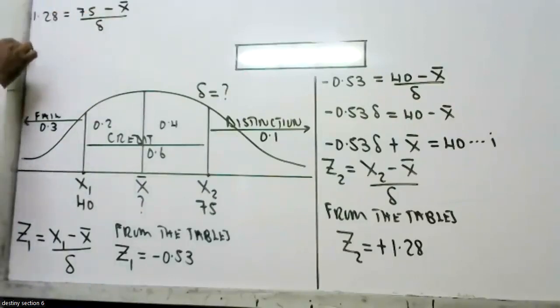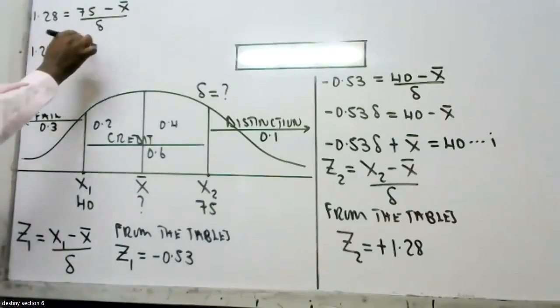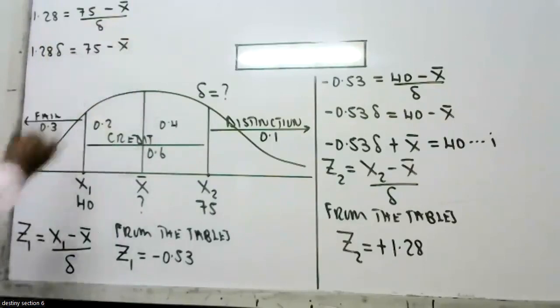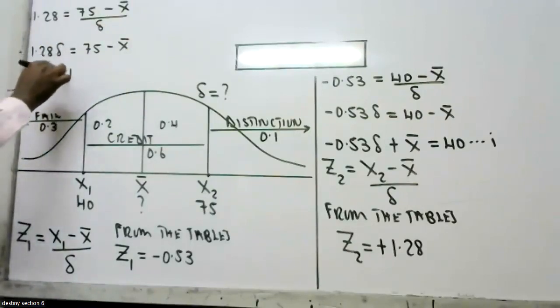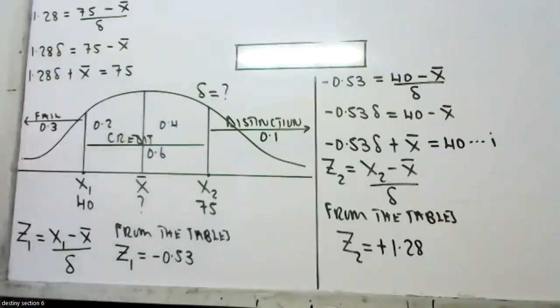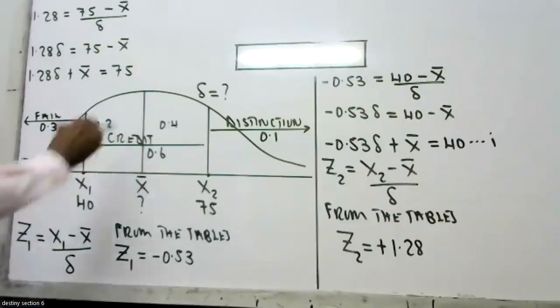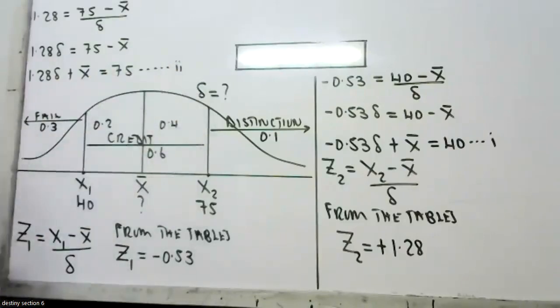So this becomes 1.28 standard deviation is equals to 75 minus x bar. So putting items together, 1.28 standard deviation plus x bar is equals to 75. So this one, I call it equation number 2.